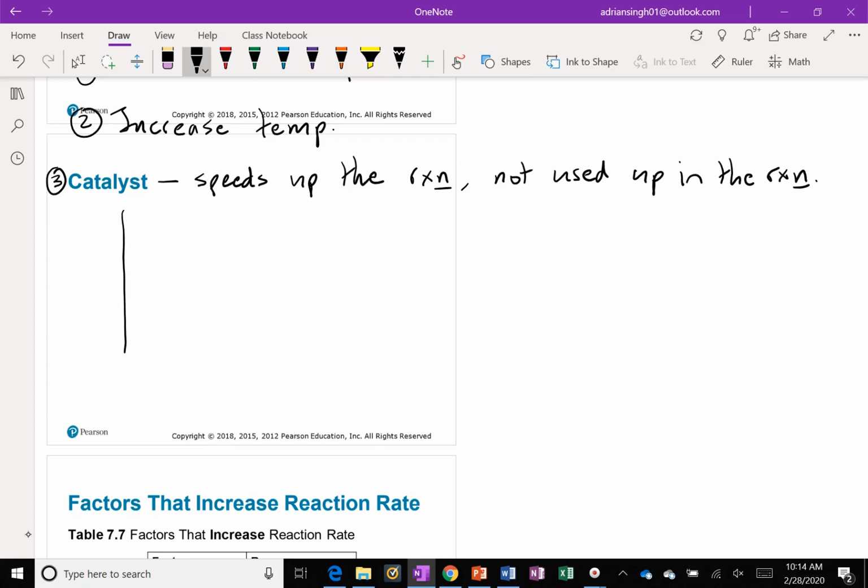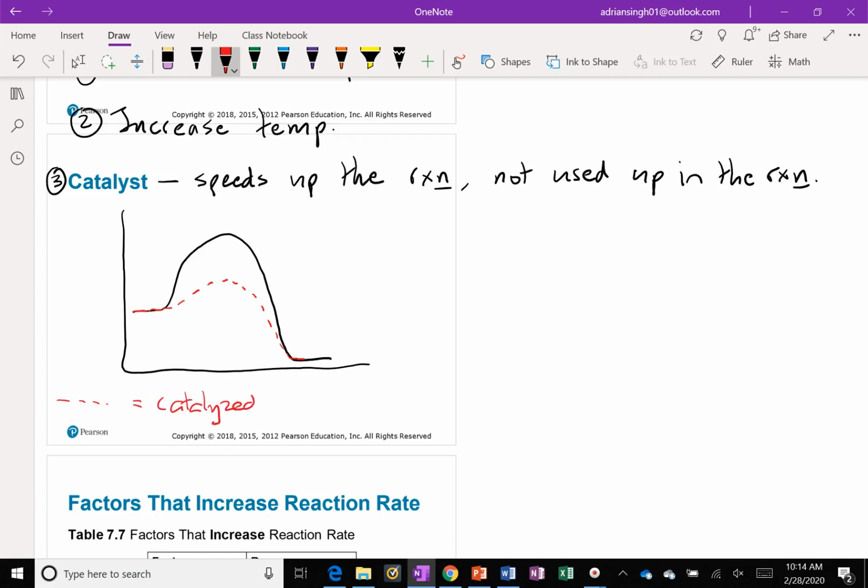The way that a catalyst works is actually quite simple. If this is our normal reaction, which would be an exothermic reaction, what a catalyst does is it simply lowers the height, or that barrier we have to go through to get from the reactants to the products. So this here we can say is the catalyzed reaction.